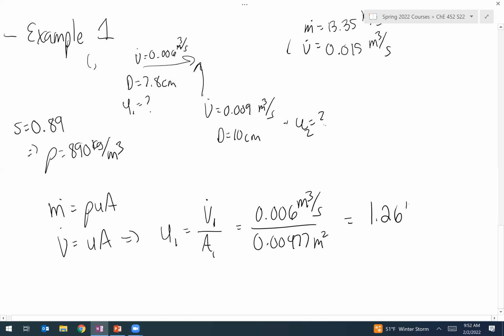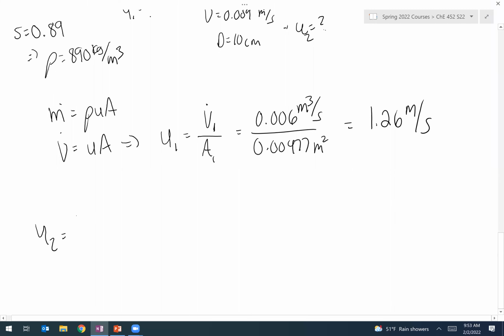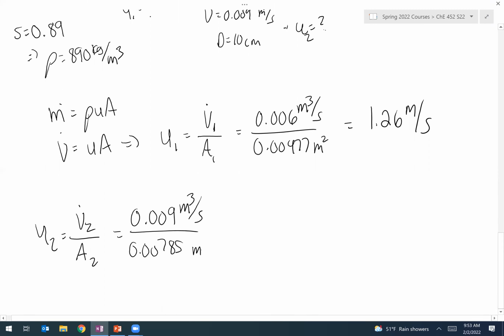So you get about 1.26 meters per second. For stream 2, following the same approach, U2 is equal to the flow rate over the cross-sectional area. So I get 0.009 cubic meters per second over its area, which is about 0.00785 square meters, and I get a velocity of 1.5 meters per second.